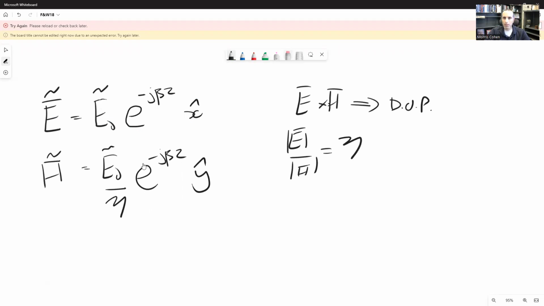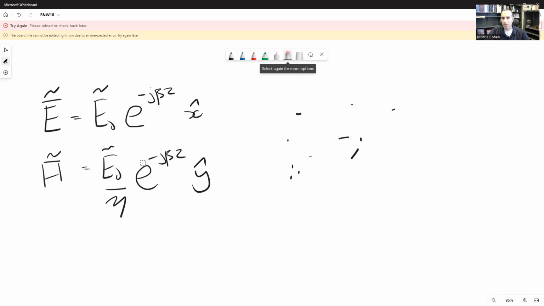All right, but let's recast this now, and let me just get rid of these so I have room. What's worth noticing about this minus j beta z is that z represents the distance in the direction of propagation. So as you move along the axis of propagation, z increases.